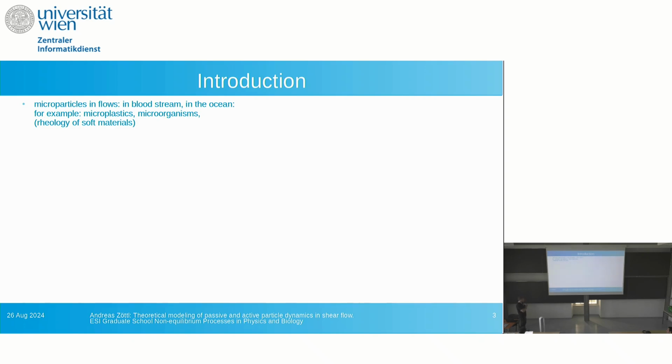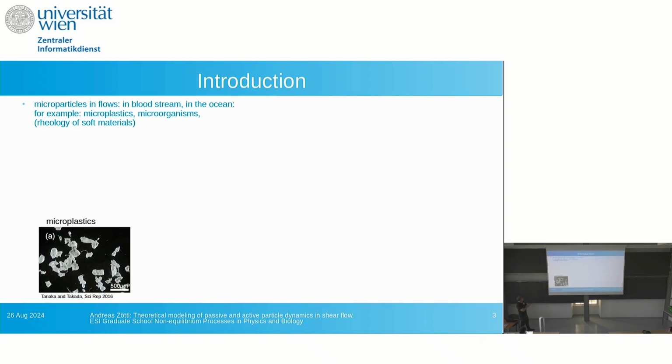And in this sense, looking at small particles moving in shear flow is also some sort of basis of rheology of soft materials, I would say. I will not talk about rheology at all, really. But really focus on some small scale which comes from the single particle motion. So here you can see some typical microplastics.